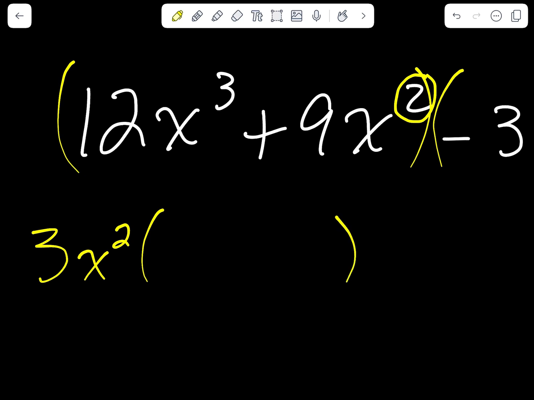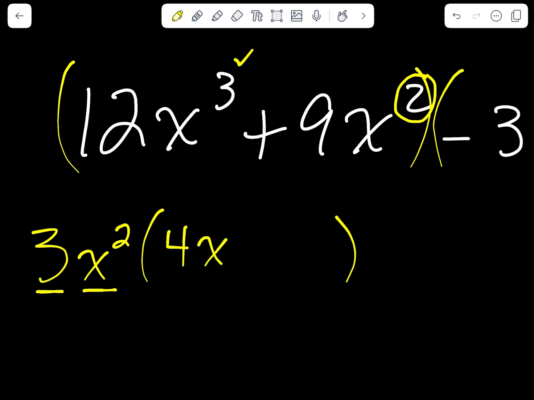And what we need to do is fill out some information on the inside of the parentheses. So let's start with the 3 that we have on the outside. 3 times what right here would give us 12? Well, that would be 4. And if I have x squared times how many more x's would get me to x to the third? That would just be 1x.